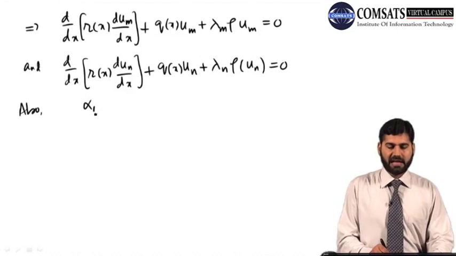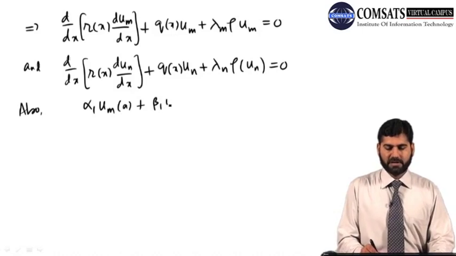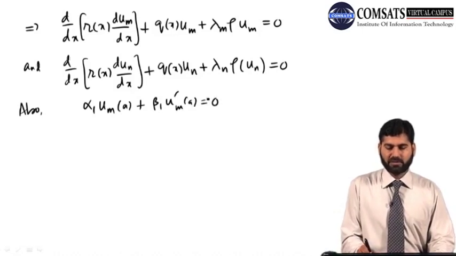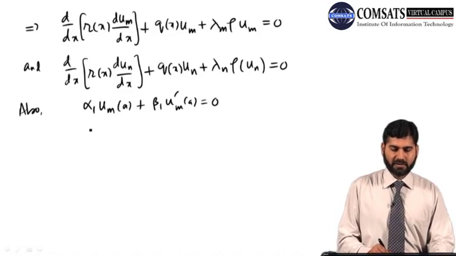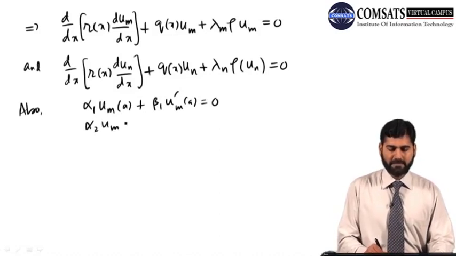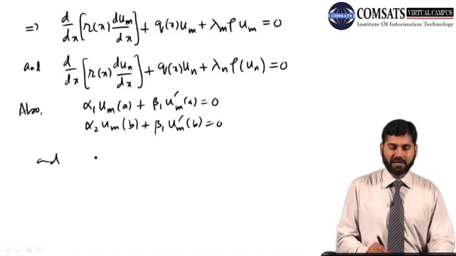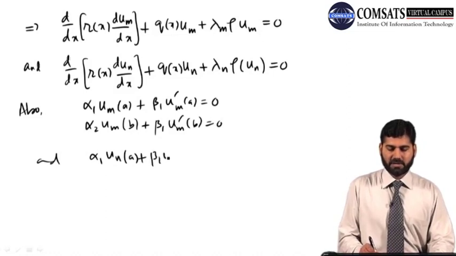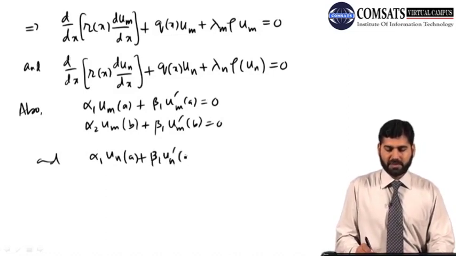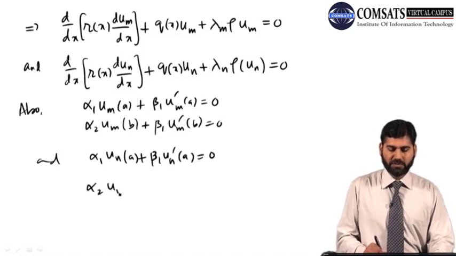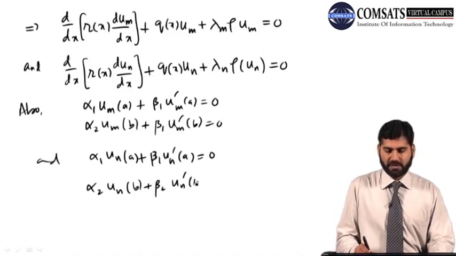also we must have alpha 1 um at a plus beta 1 um prime at a is equal to 0, and similarly alpha 2 um at b plus beta 2 um prime at b is equal to 0, and un also satisfies the boundary conditions. So alpha 1 un at a plus beta 1 un prime at a is equal to 0, alpha 2 un at b plus beta 2 un prime at b is equal to 0.